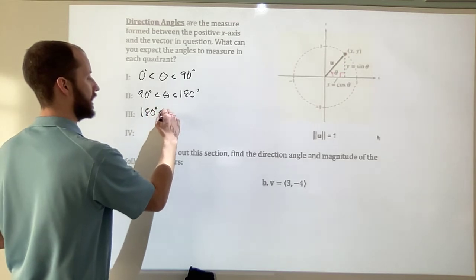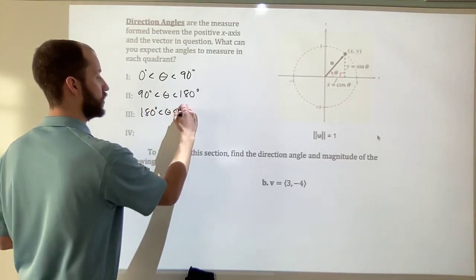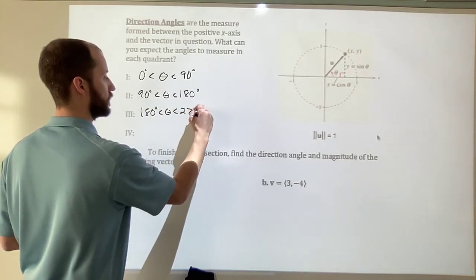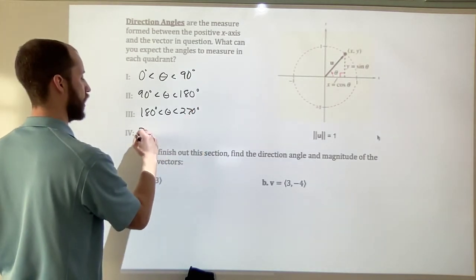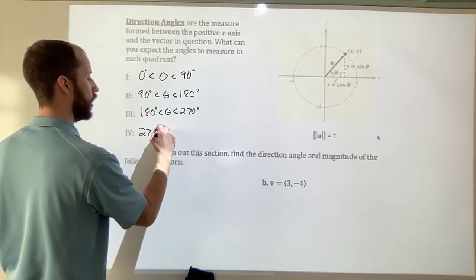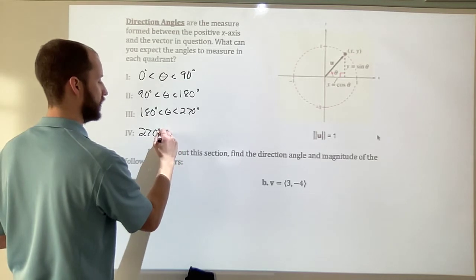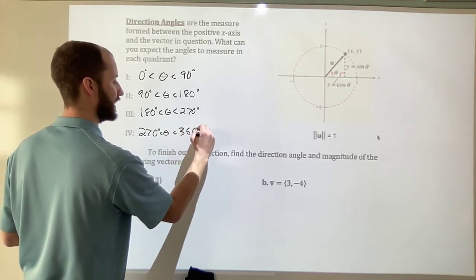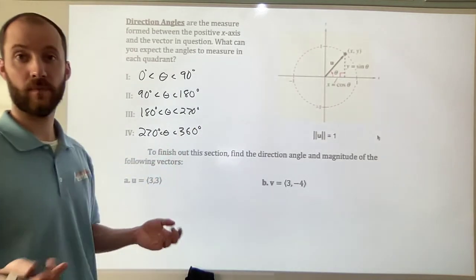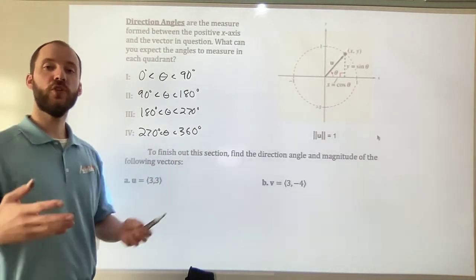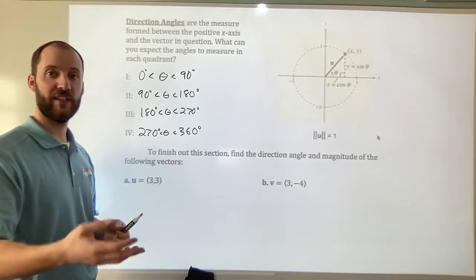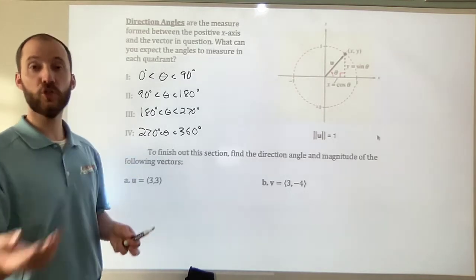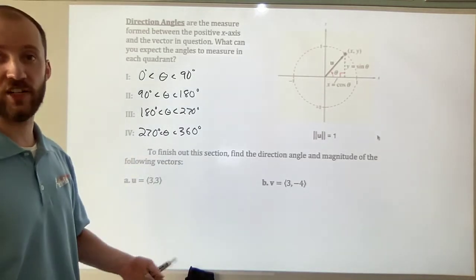Quadrant 3, 180 to 270. And quadrant 4, all the way around from 270 up to 360 degrees.